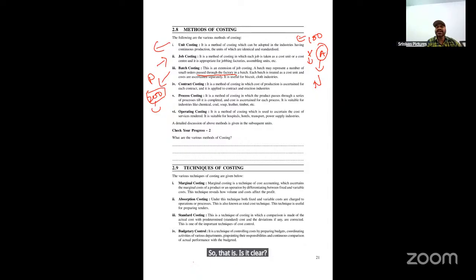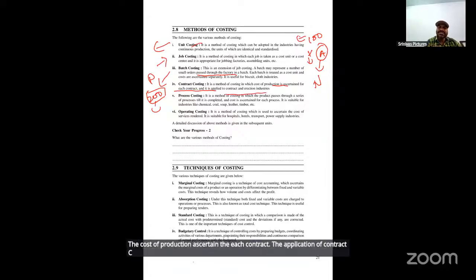Contract costing. Contract costing means the cost of production ascertained for each contract. It is applied to contracts and the erection of industries. See, unit costing, job costing, batch costing, these are all methods.